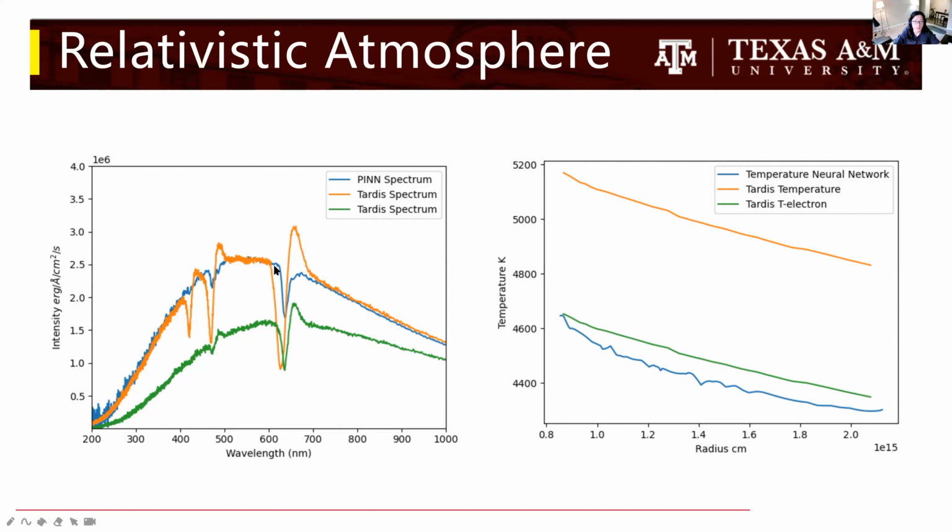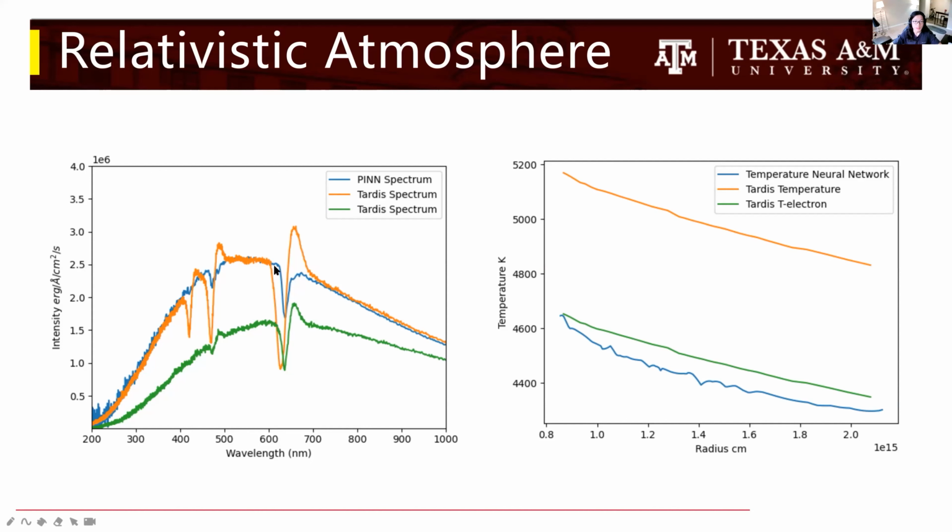But when calculating the level population of elements, which is directly responsible for the spectral lines, TARDIS is using this other temperature. But in our physics-informed neural network, we have only one temperature. I see. And that's why I ran two TARDIS simulations. One is to fit the black body spectrum, and the other is to fit the atomic line strength. I see. Thank you.